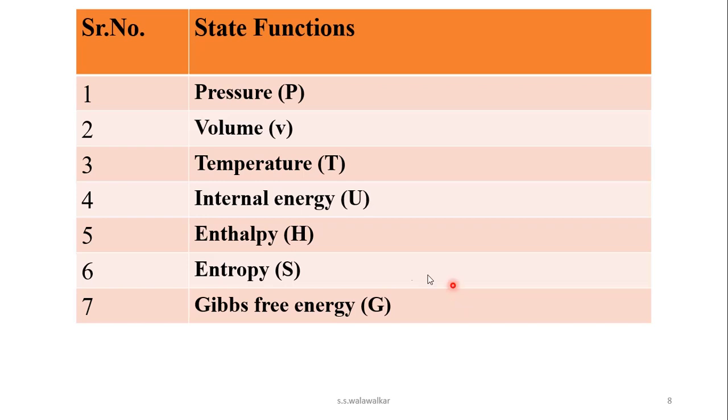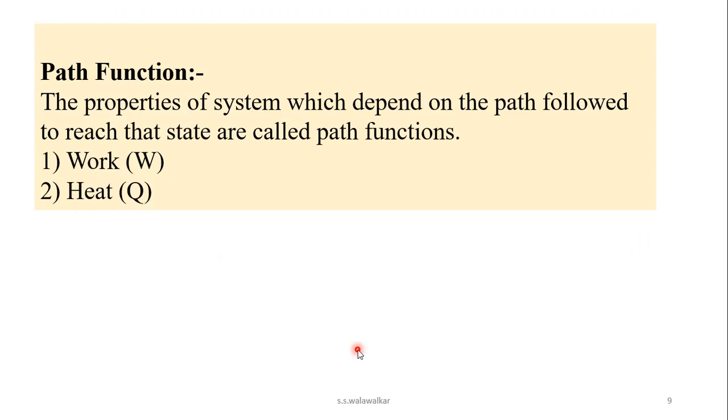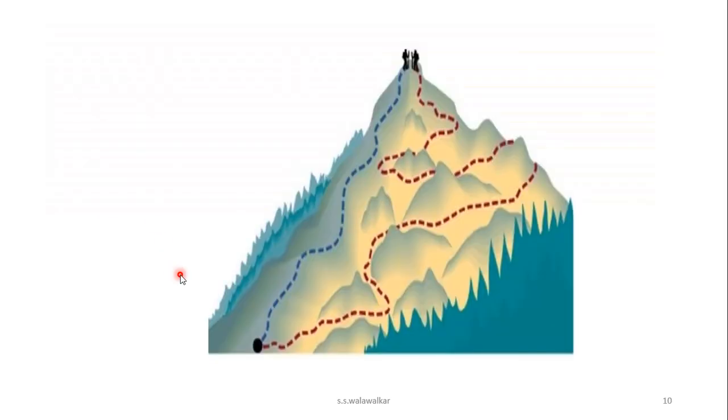And if your answer is no, that is, path does not affect the values of the final state, then it is a state function. So path function means the property of a system which depends on the path followed to reach the state are called path functions. For example, work, heat, all these are path functions.